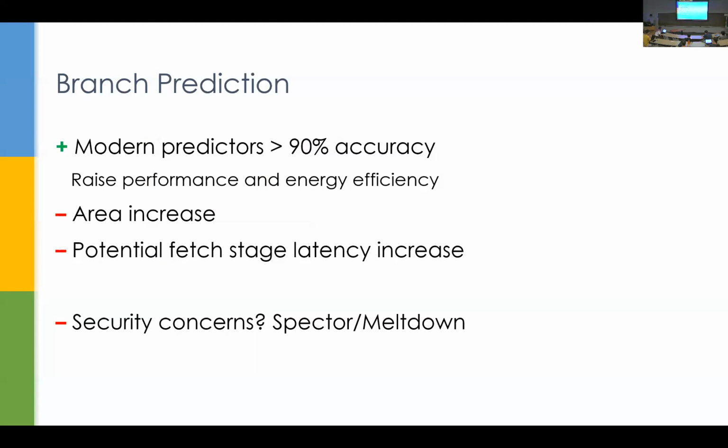Okay. Now, what about security concerns? How many of you heard of Spectre and Meltdown? Probably 3-4 years ago, right? That's essentially this problem here. Spectre and Meltdown happened because of these issues. I'm no security expert, but the way I understand it is, let's take our example of for i equals 0, i less than n.